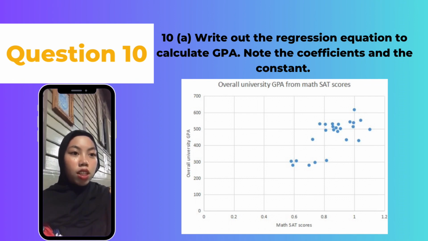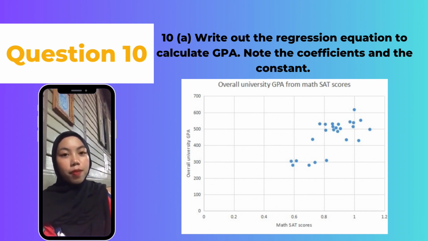Overall university GPA is for Y, and then maths SAT score is for X. And then we add the schedule.